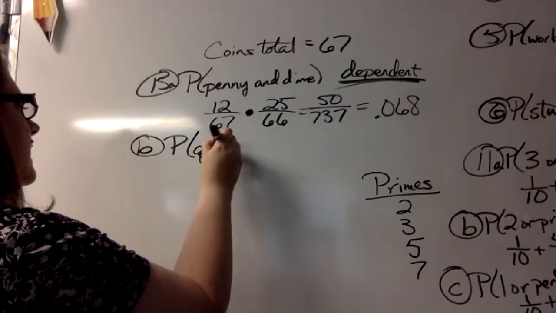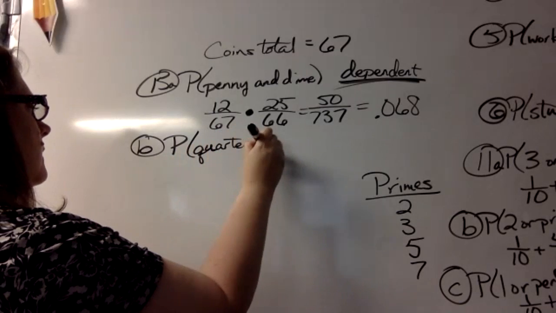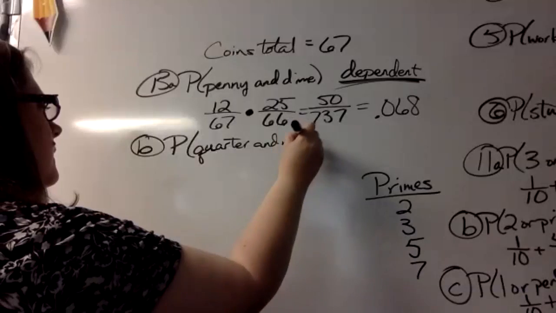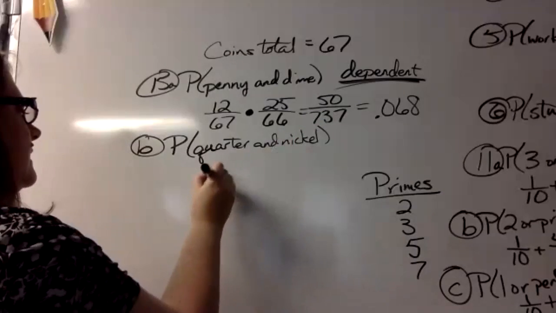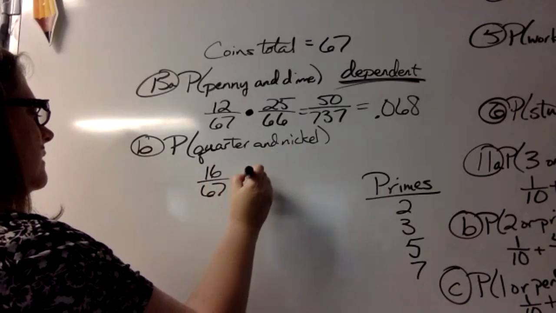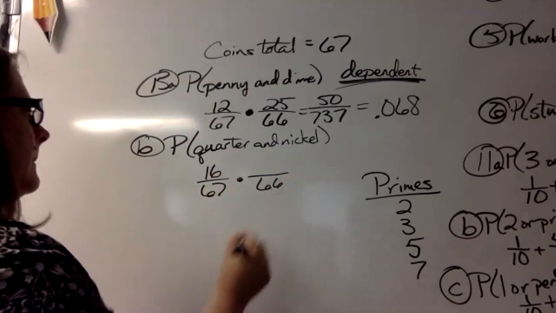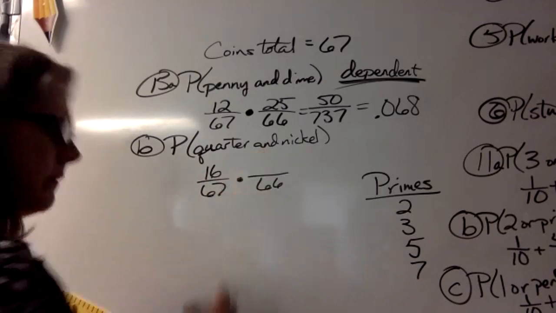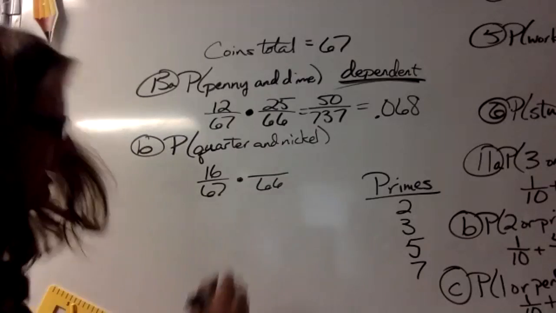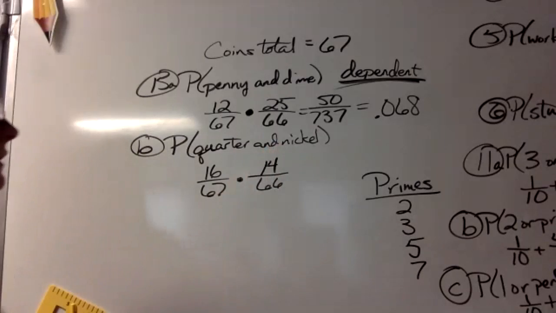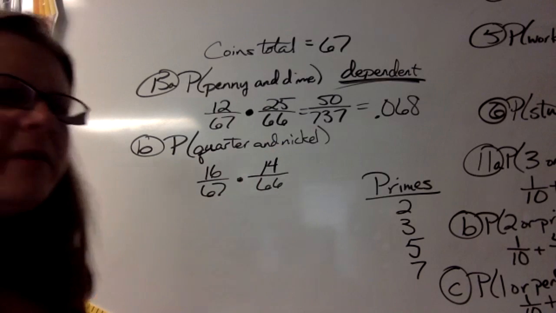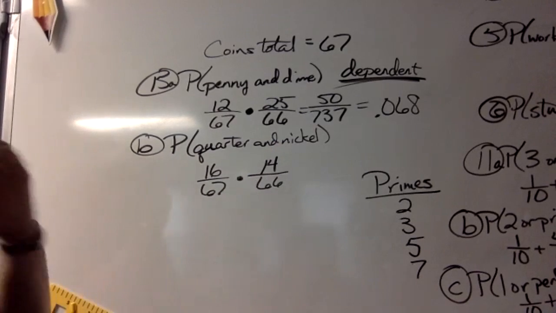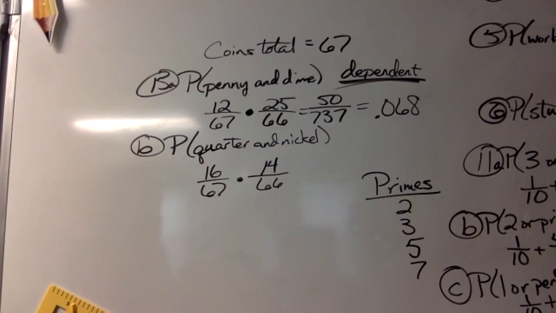How many quarters did he have? 16. So I got 16 out of 67. And then how many nickels? 14. You said 5, I thought you said 40. All right.